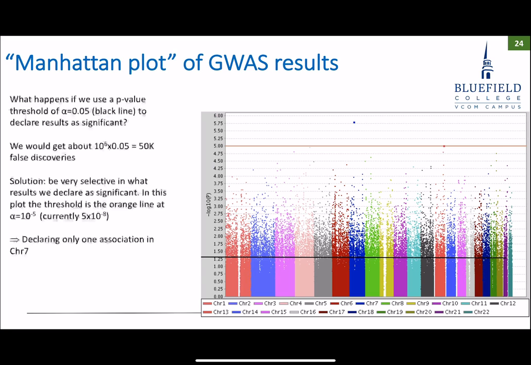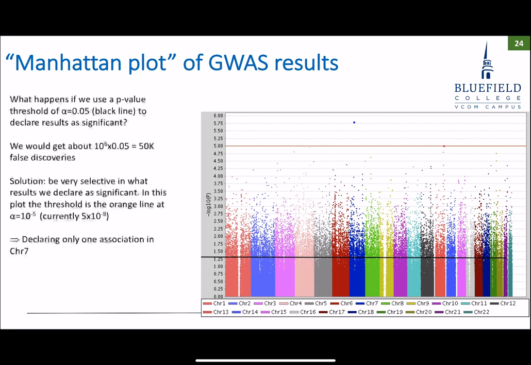So we take this, I don't know if you can see it, this blue dot as a significant result. That will be the gene or the genetic marker that is associated statistically with the phenotype of interest. So again, we declare only one association, and we know where the gene is.